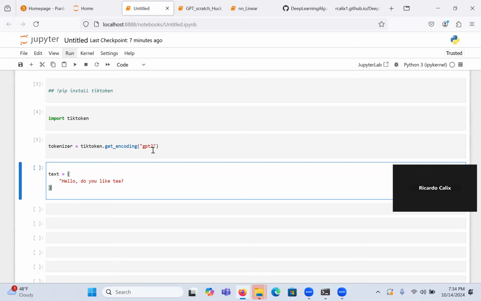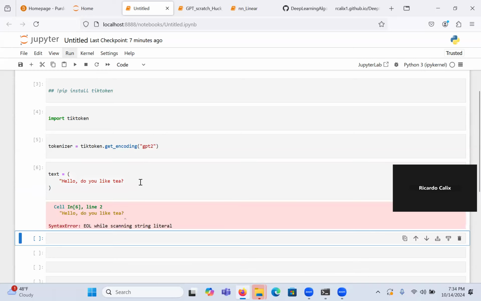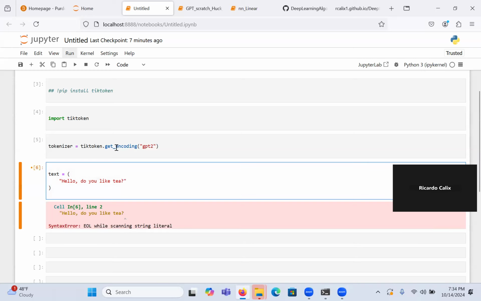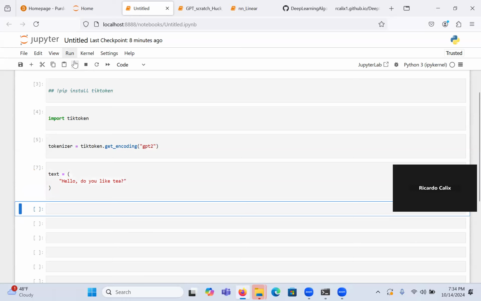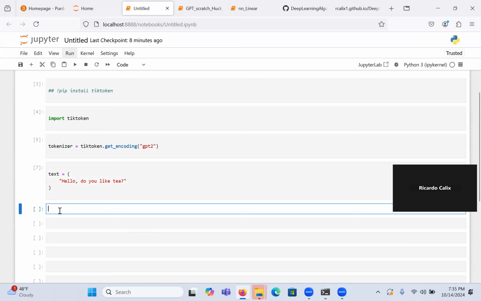Okay, all right, so let's run this one. Am I missing something? Oh, yeah. Sorry. Double quote. Thanks. All right. So I have my text here.